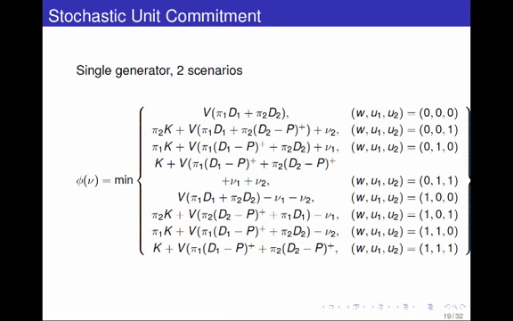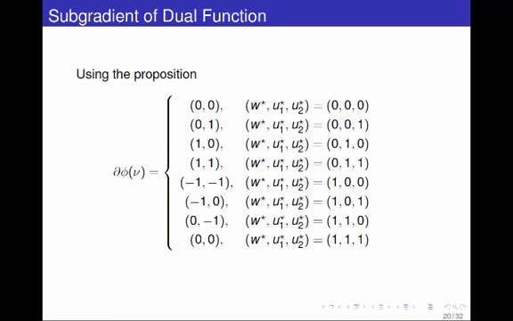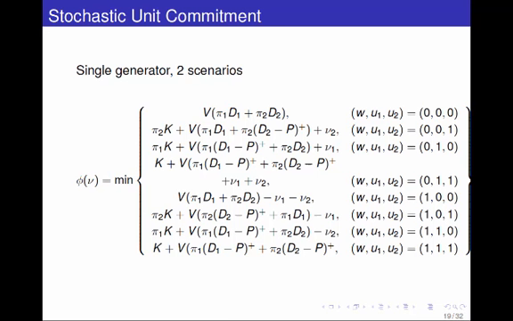So you're taking the minimum over 8 possible planes. So phi is the minimum over these 8 possible planes.